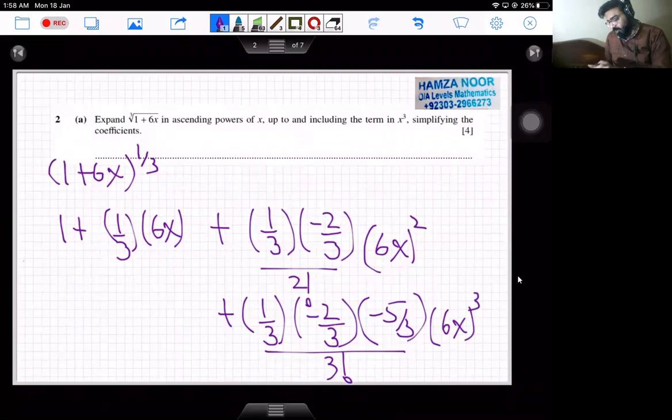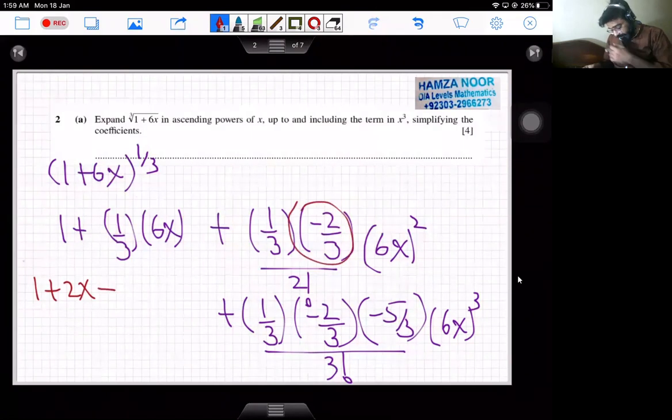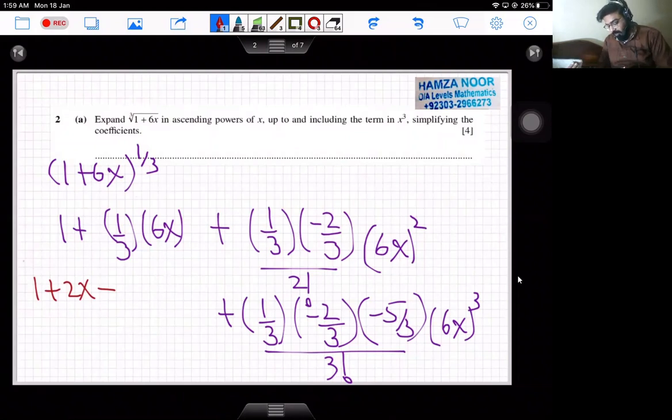Right, so just simplify all of these terms. So 1 plus 2x, and for the third term, before writing the sign, just check whether you are getting a minus sign or not. In this case, you will get a negative sign. So 1 over 3 into minus 2 over 3 divided by 2 factorial into 36 is minus 4x squared.